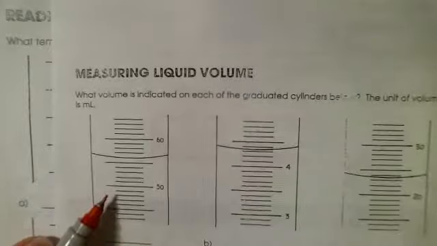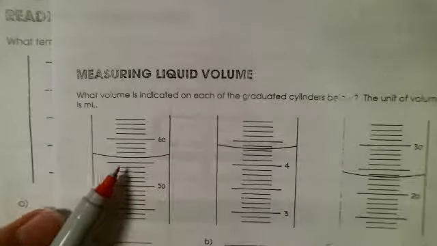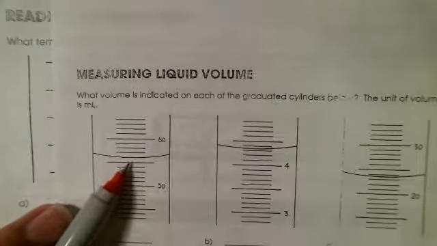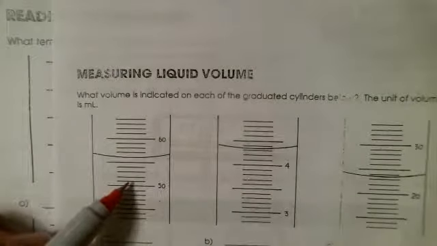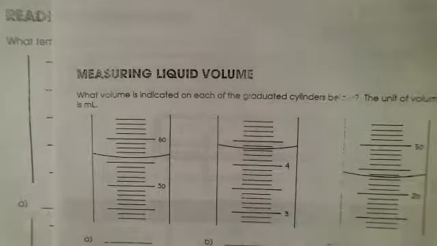So for this example, our meniscus sits right at 56 milliliters. We can tell with certainty that it's 56 milliliters because we are dealing with the units increments, but we need to estimate one more.